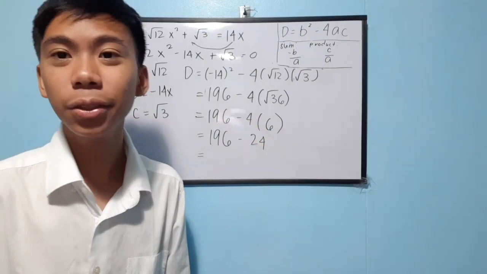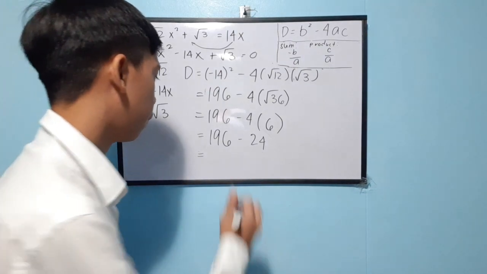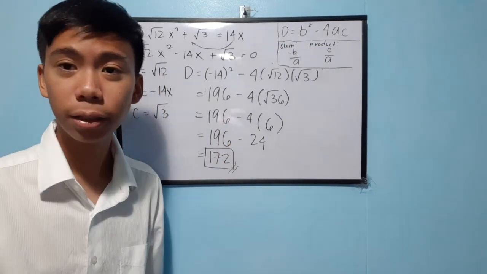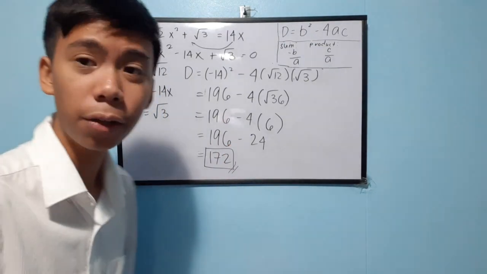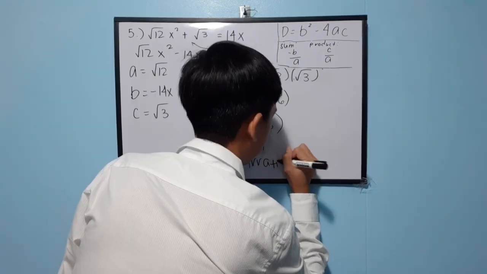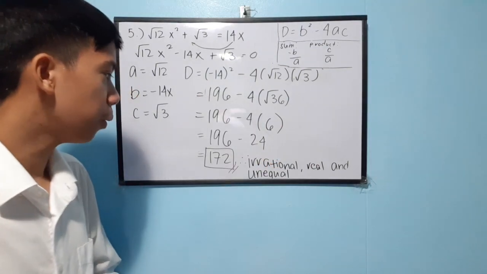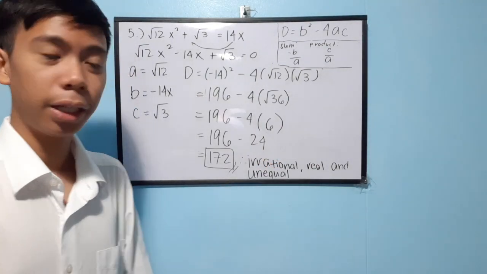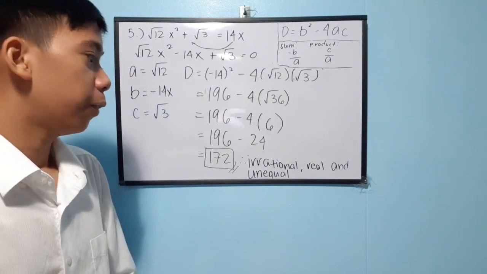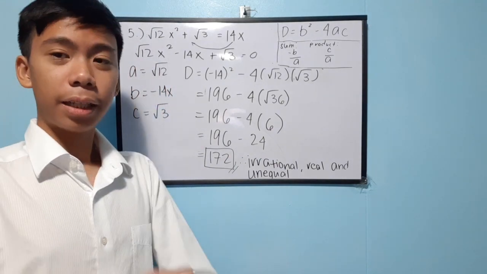So now the answer to 196 minus 24 is equal to 172. Now this is the final answer. Now let's determine the nature of the roots. So now 172 is irrational because it's not a perfect square. Real and unequal because it's greater than 0.